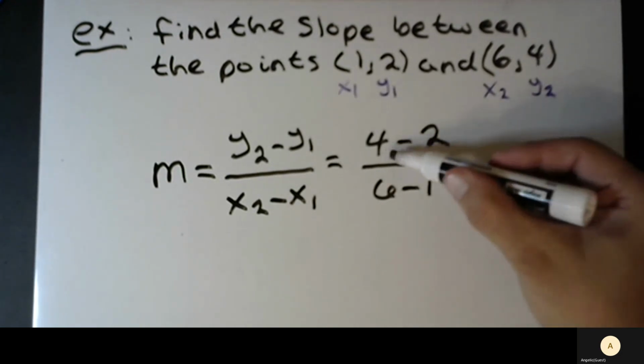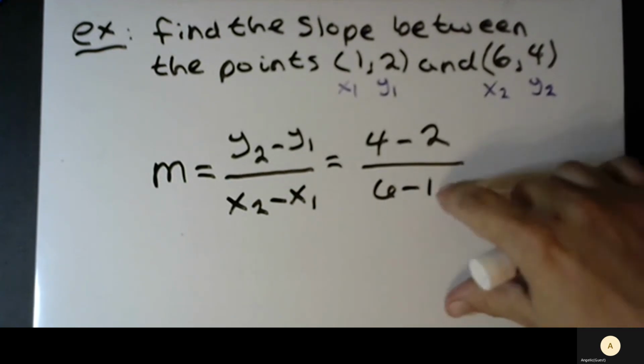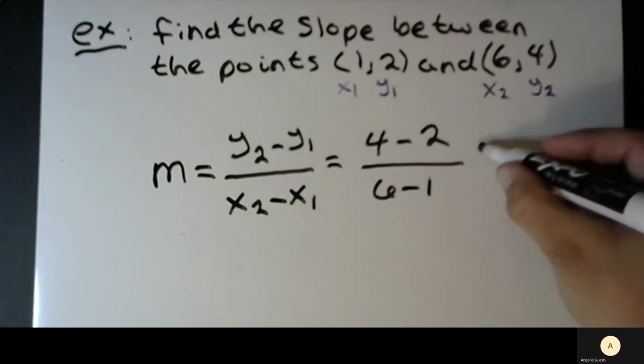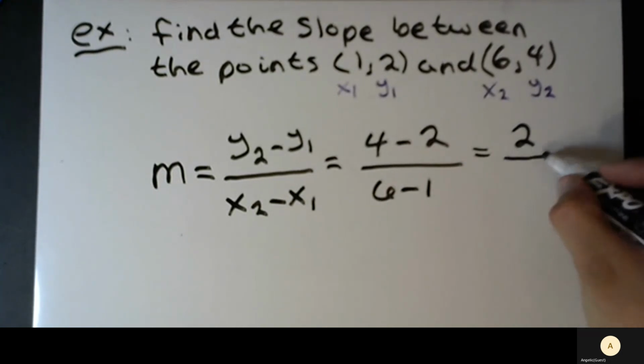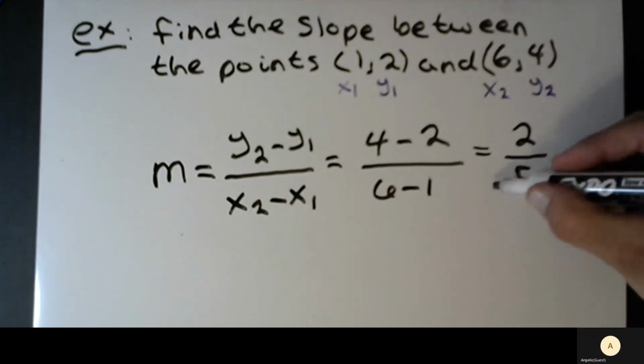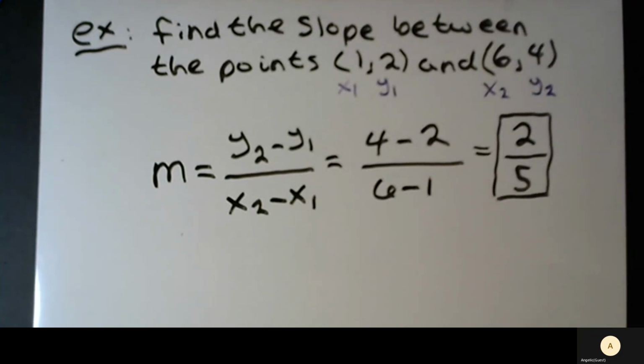And again, the y2 and the y1, the x2 and the x1. So this will be 2 over 5, and that won't reduce. So the slope between those 2 points is 2/5. And that's it. So any questions about that?